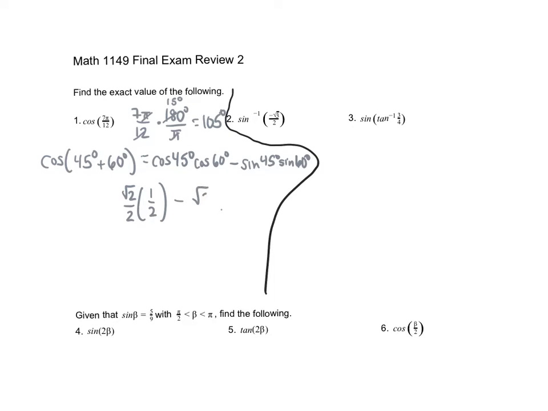Minus, now the sine of 45 is also radical 2 over 2, and the sine of 60 is radical 3 over 2. When I simplify these, radical 2 times 1 is radical 2 all over 4, minus radical 2 times radical 3 is radical 6 over 4. So I could just leave it as radical 2 minus radical 6, all over 4.